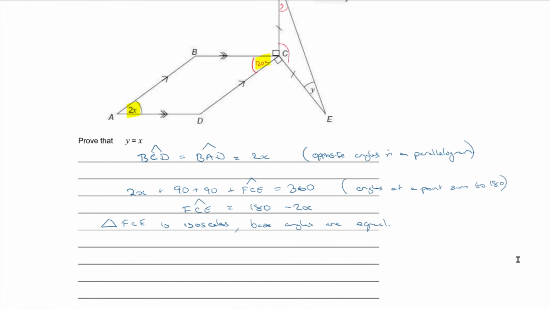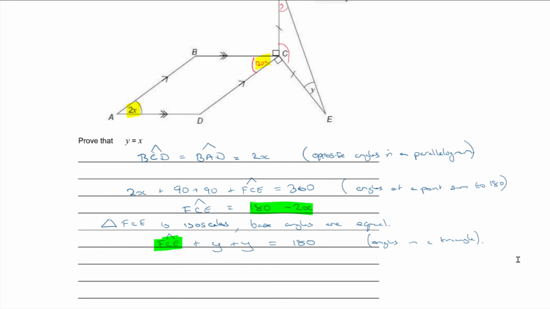So what we've got then is angle FCE plus 2y is equal to 180 degrees because of angles in a triangle. We just found FCE here, didn't we, it is 180 minus 2x.